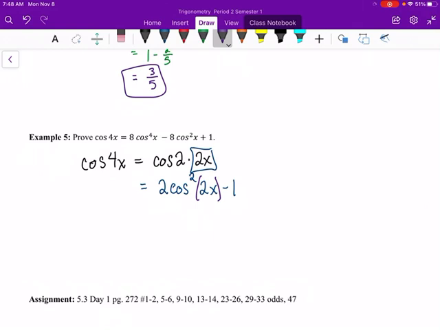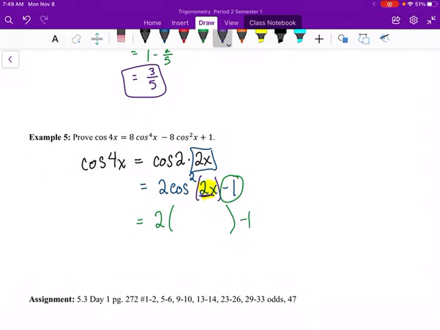Once we have that, we can again use the double angle formula because we still have a 2 in there. We can apply this double angle formula again inside of the parentheses. So we have 2, and then parentheses, and we still have this minus 1 on the outside.